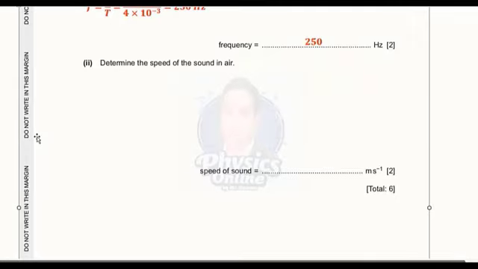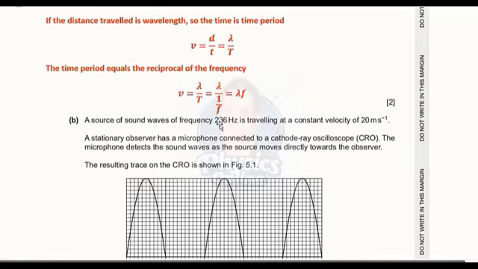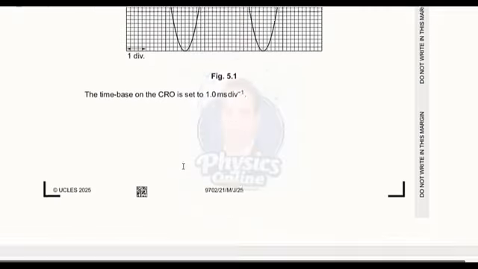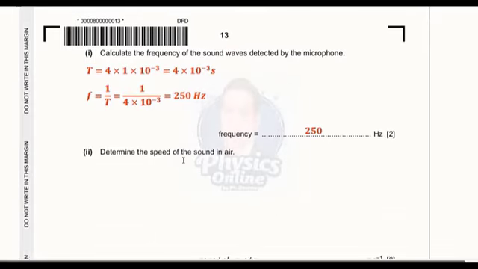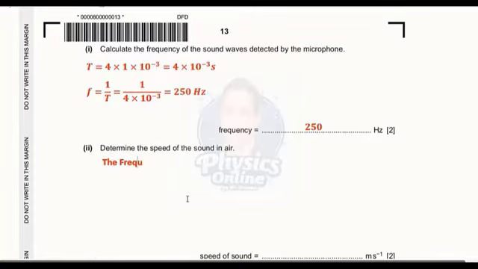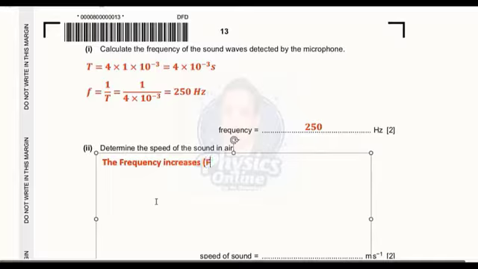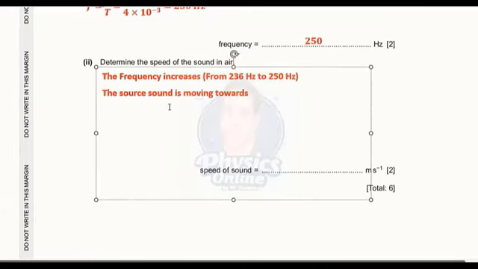Determine the speed of sound in air. 236 is the frequency of the source, and the speed is 20 meters per second. So the frequency increases from 236 to 250, which means the source is moving towards the observer.